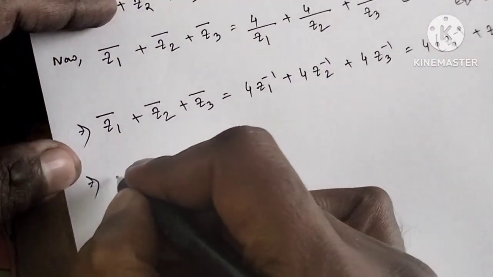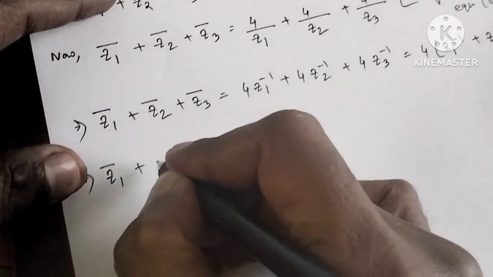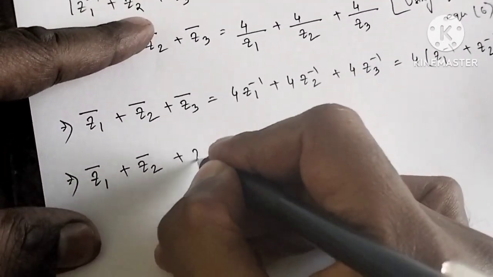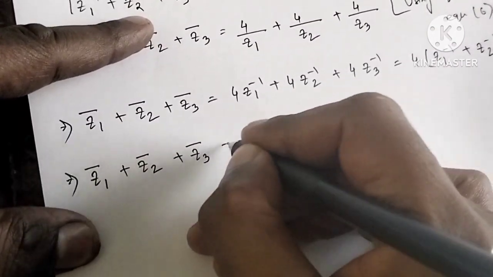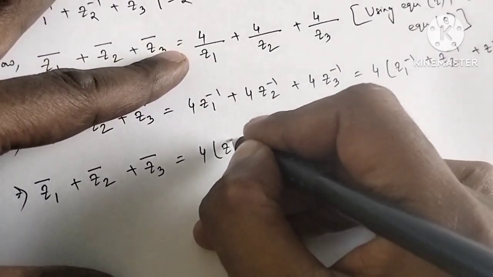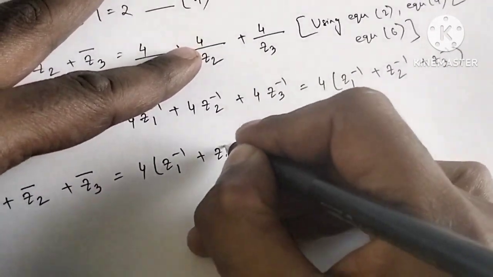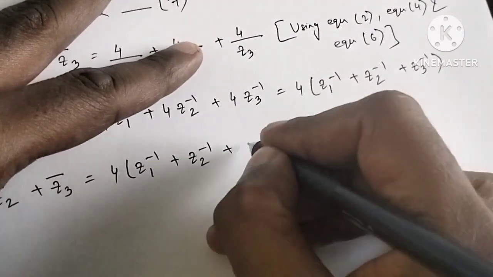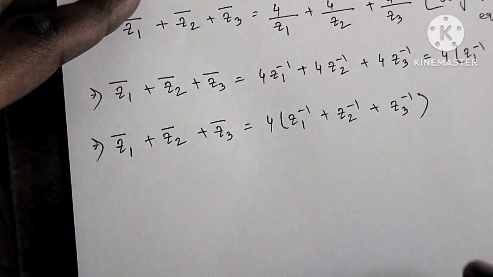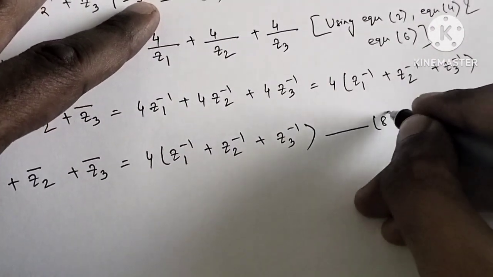So z1 conjugate plus z2 conjugate plus z3 conjugate is 4 times that sum. Name it as equation 8.